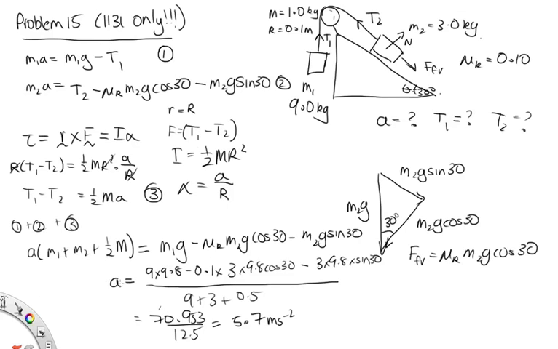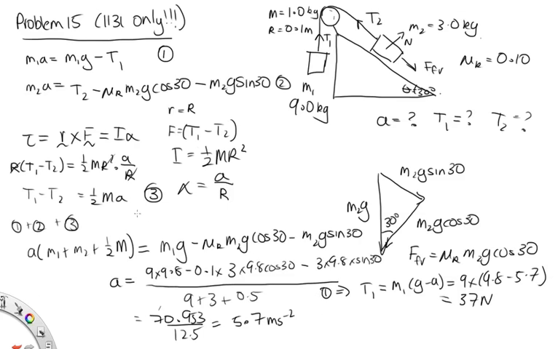So now we found a, we've also been asked to find T1 and T2. To solve for T1, let's substitute into equation 1. We've got T1 is equal to m1 times (g minus a), so that's 9 times (9.8 minus 5.7). Solving that on the calculator, we end up with 37 newtons.